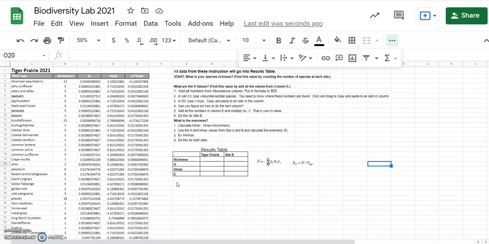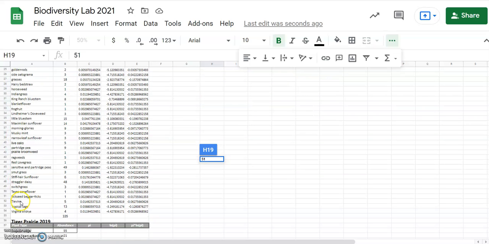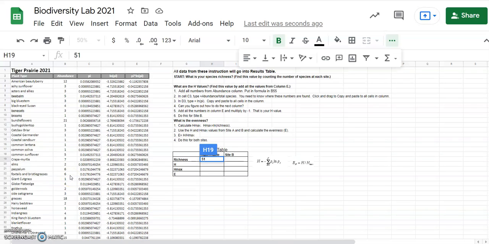All right? So, richness. What is richness? All richness is counting the number of species that I have. So I'll do this one for you. The richness for this one is 51, because I go from 3 all the way to 54, so that means I have 51. What is H? Now this says H is the sum of all these.